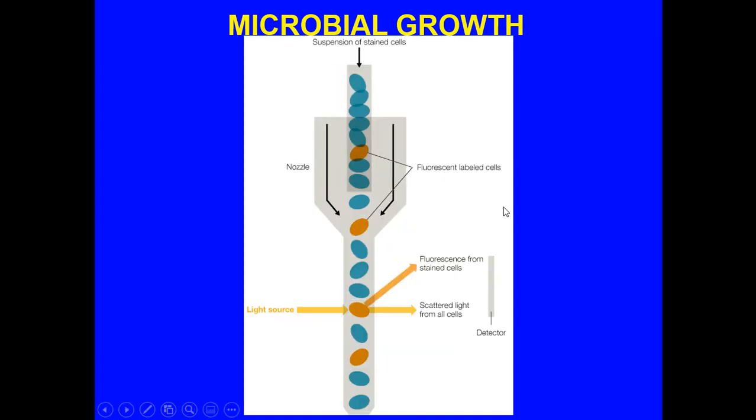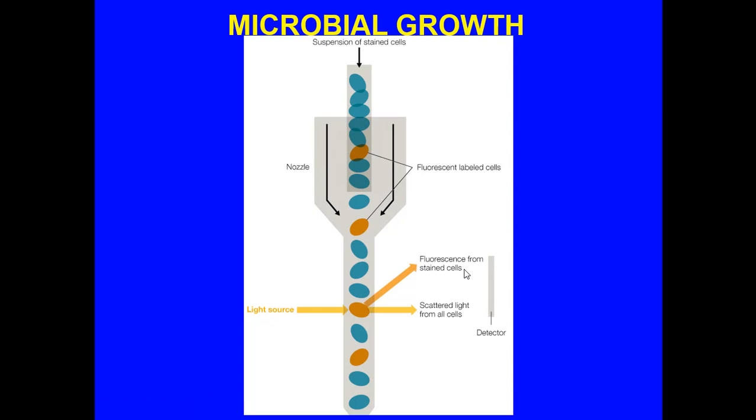Here's the approach for both the culture counter, which sends the cells down, and the flow cytometer. What you do is you set up the cells as being fluorescently labeled. Once they fluoresce, you have that detector, and you have scattered light from all the cells, but then you're able to identify the fluorescence from the stained cells.